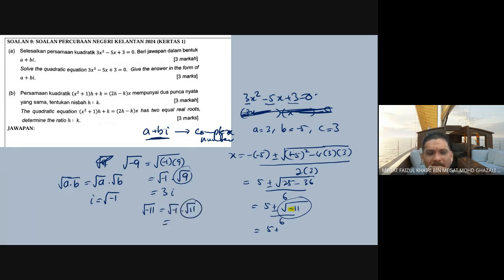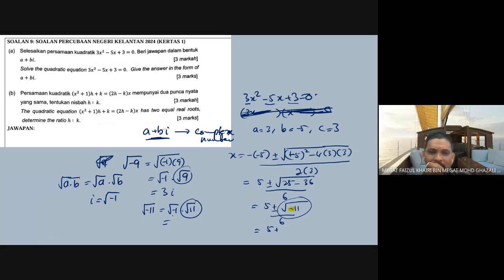Can we simplify this? No, cannot. So the square root of 11 remains, and we get root 11 i. So 5 plus square root of 11 i divided by 6, and 5 minus square root of 11 i divided by 6.